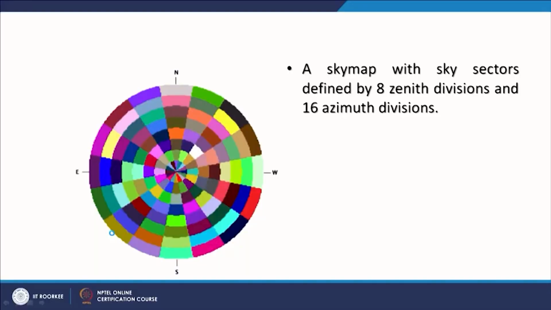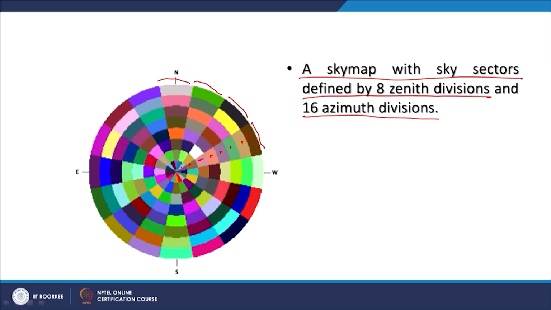So for the entire 360 degrees, a sky map has sky sectors defined by 8 zenith divisions and 16 azimuth divisions. One is this division, then another azimuth division, and likewise. And 8 means if you start from the center: 1, 2, 3, 4, 5, 6, 7, 8.